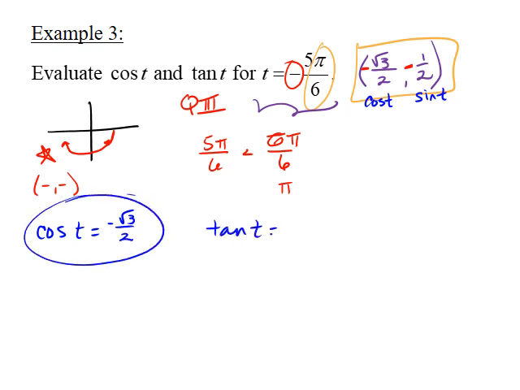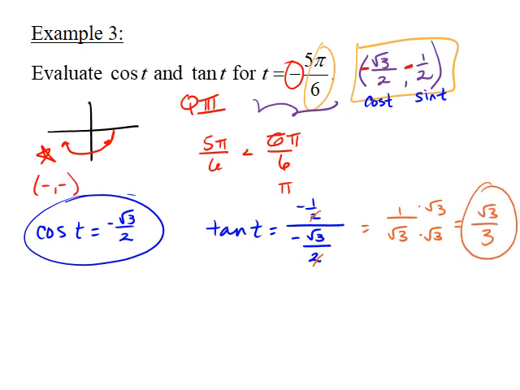Tangent of t, remember, is sine over cosine. A negative over a negative is positive. The 2's cancel, so this is 1 over root 3. Rationalizing the denominator, I end up with root 3 over 3. And that's done.